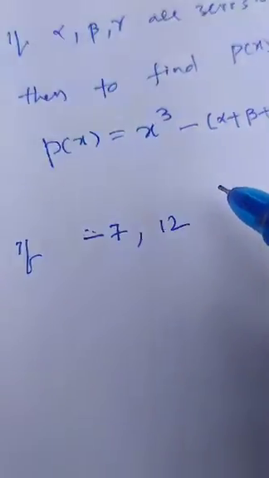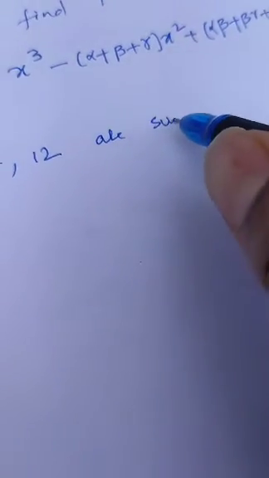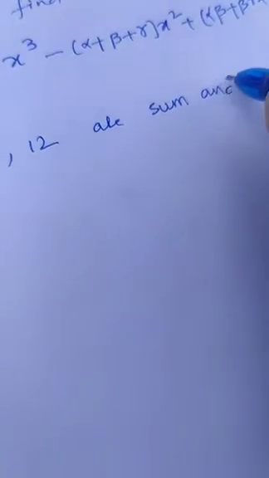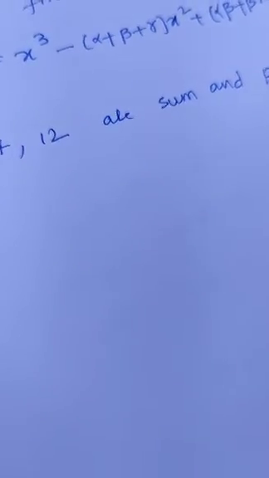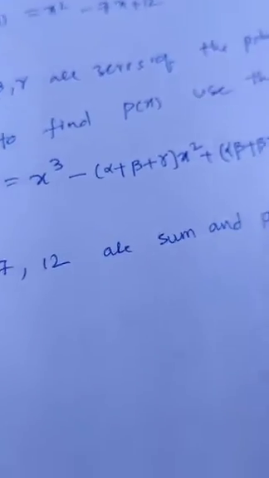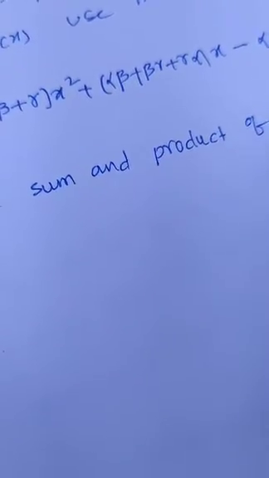For example, if minus 7, 12 are the sum and product of the zeros of the required polynomial, then find the polynomial.